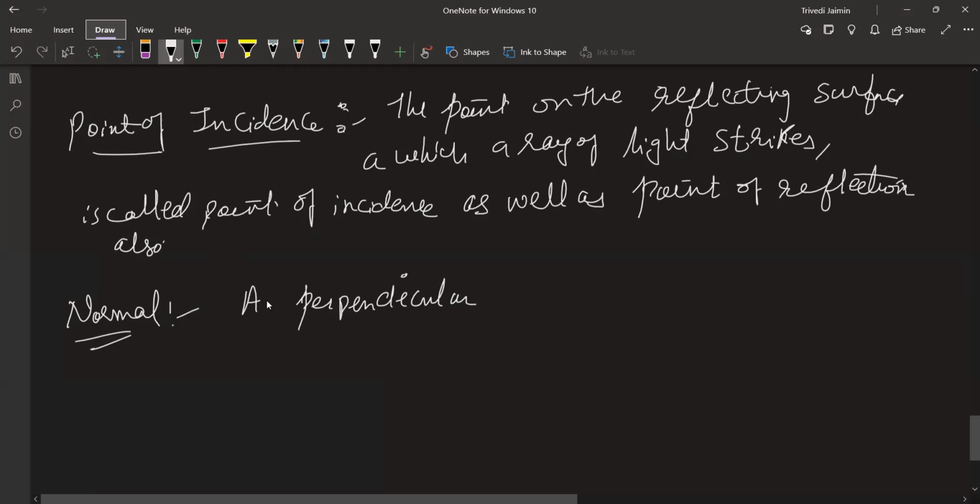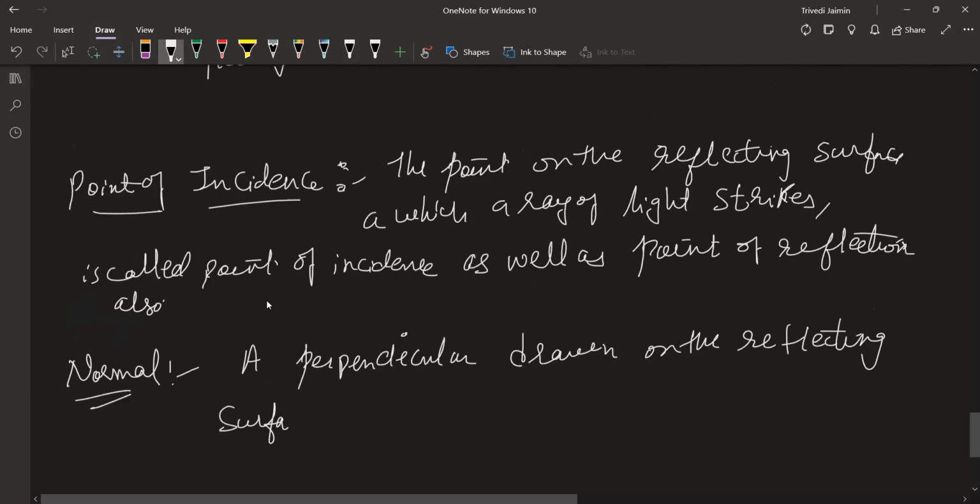A perpendicular drawn on the reflecting surface. Sir, is the point of incidence and point of reflection the same? Same. It is the same.